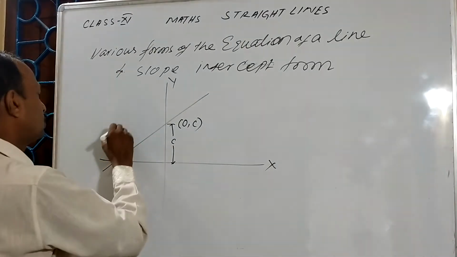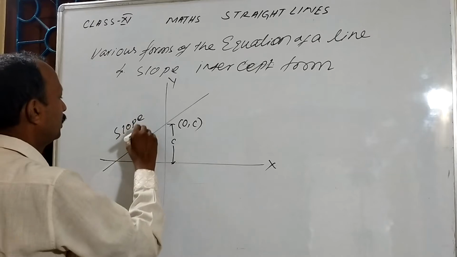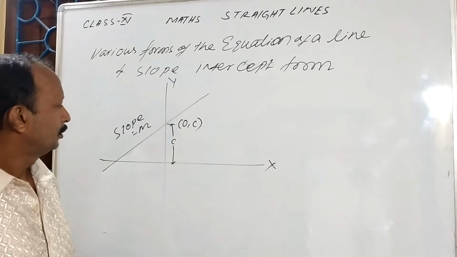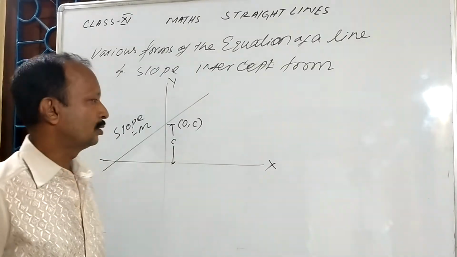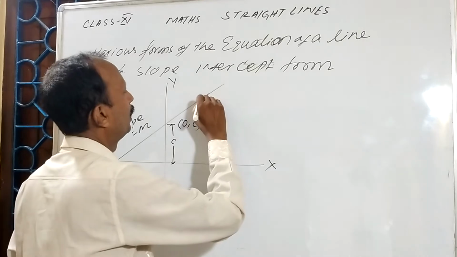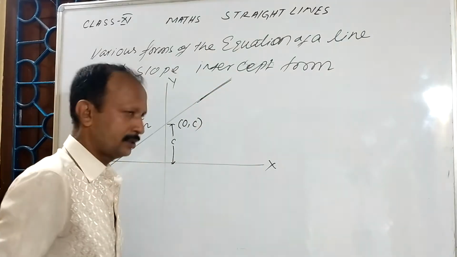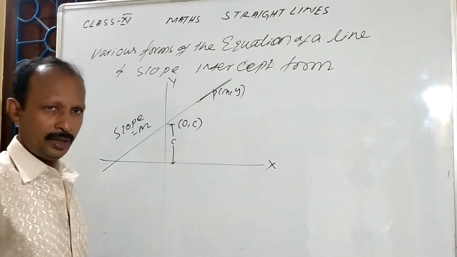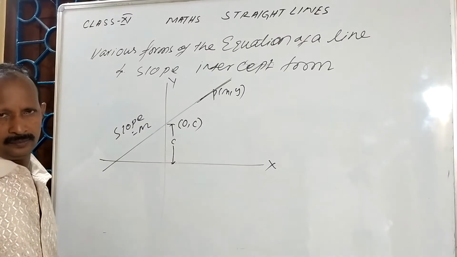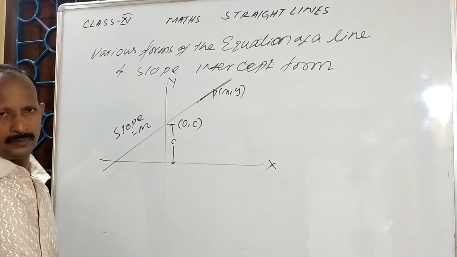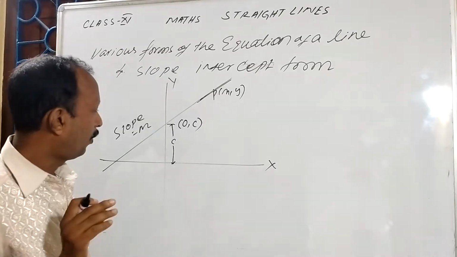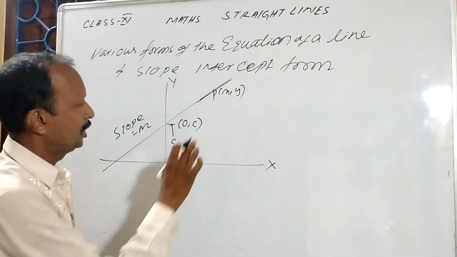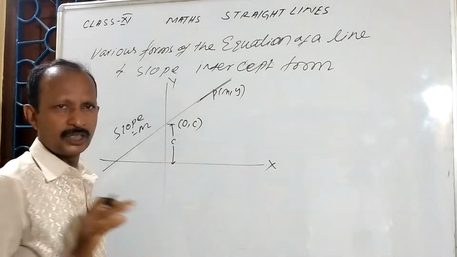Suppose the slope is given. Now you take, like the previous one, an arbitrary point. Suppose that point be (x, y). So we know that from point slope form, the slope of this line is (y2 minus y1) divided by (x2 minus x1).